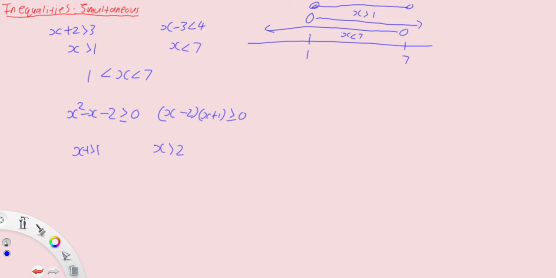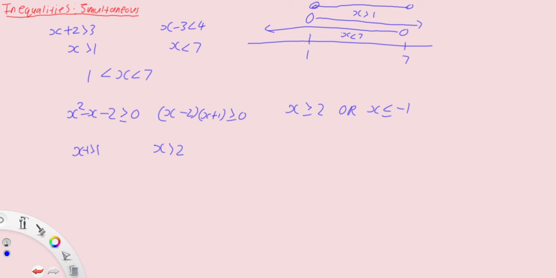Now from here, you can draw your quadratic graph to solve this inequality. Otherwise, with enough experience, you know that this will result in x greater than or equal to 2 or x less than or equal to minus 1. Now what do you notice? You have three inequalities, but actually there are two possible solutions.